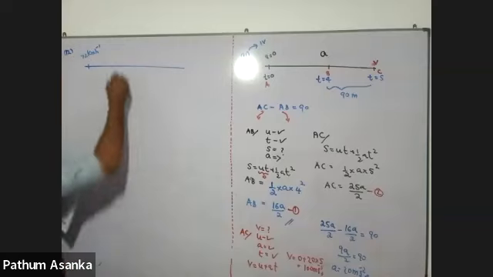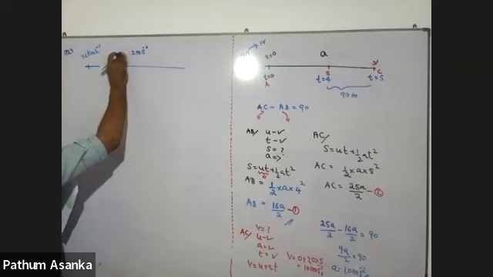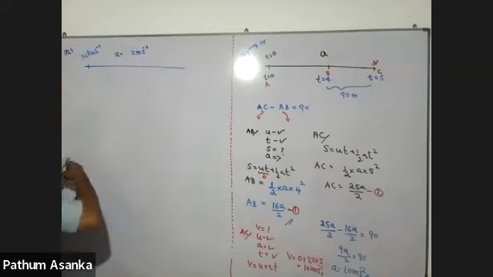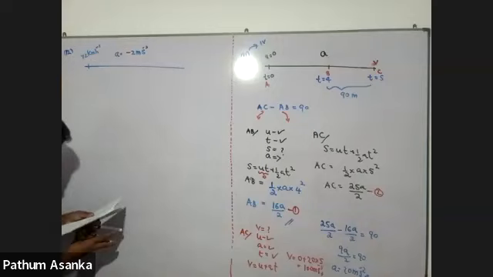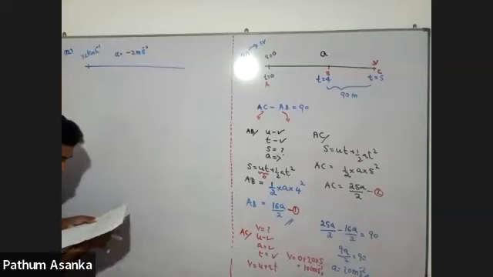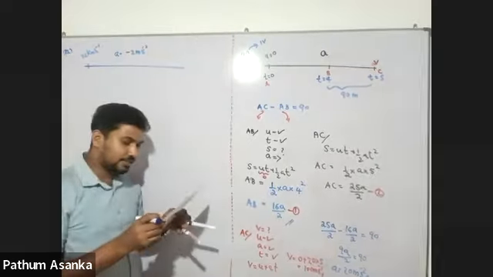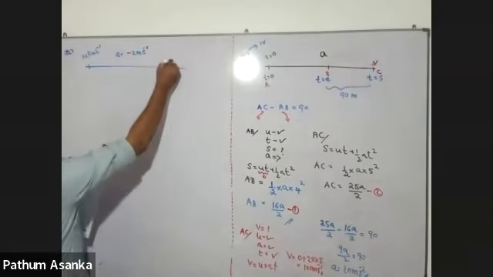So this object is experience a deceleration of 2 ms minus 1. So you can able to use minus to represent the deceleration, right? By the time taken for the car to come to rest and the distance traveled after applying the brakes are respectively. Right?